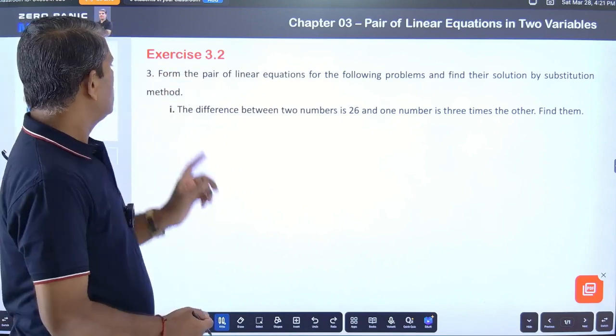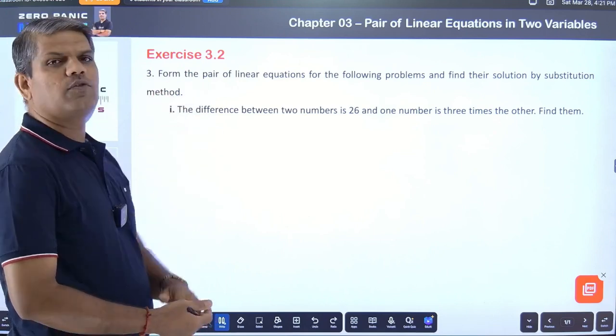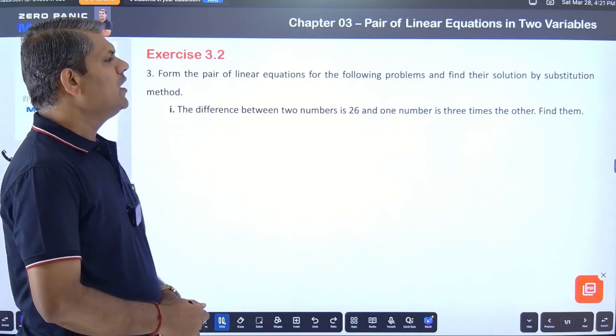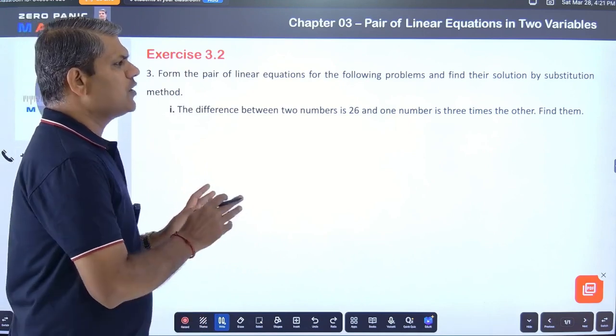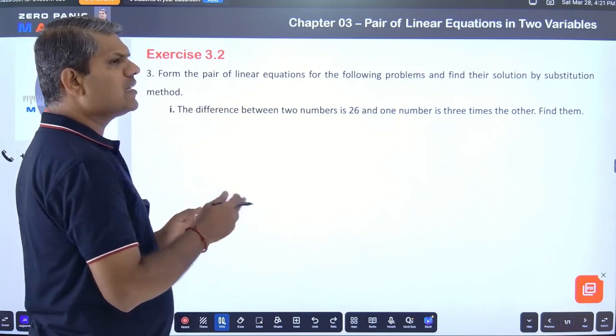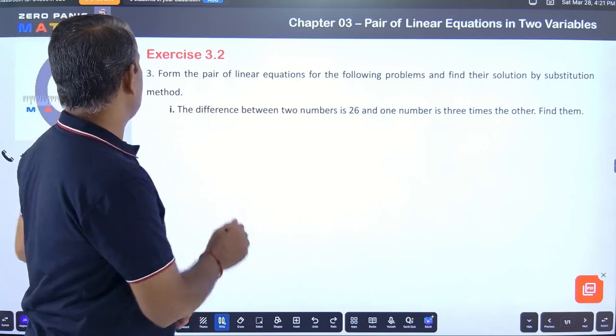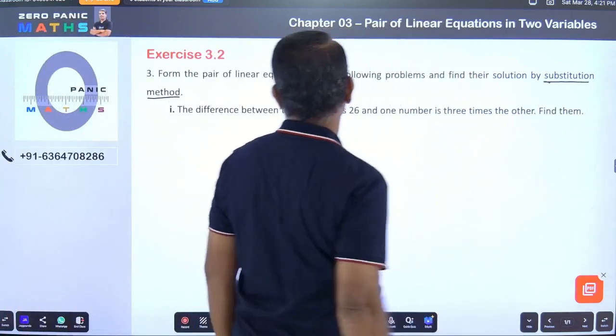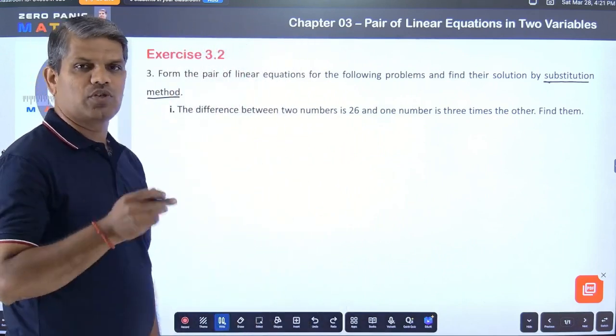So this is the third set of problems and part 2 of exercise problems. In this particular set of problems we are discussing the substitution method.